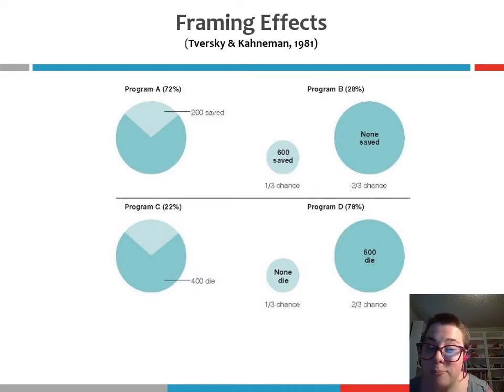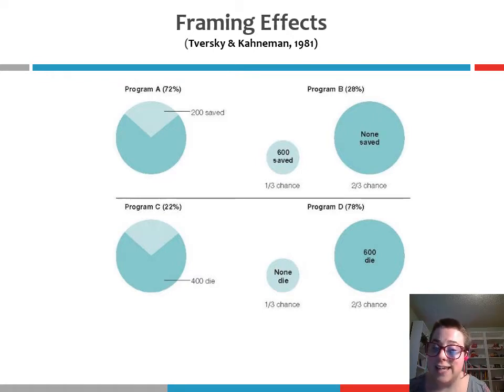Similarly, program B and program D result in the exact same number of deaths, and yet 78% of people chose program D, while only 28% of people chose program B. So what is going on here? If it results in the same outcome, why are people choosing the programs at such a different rate, right?